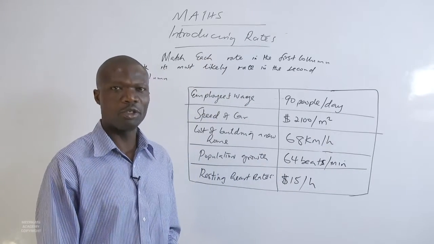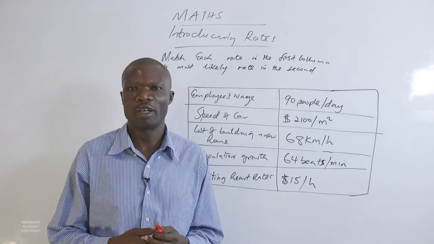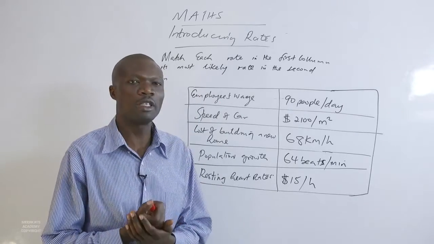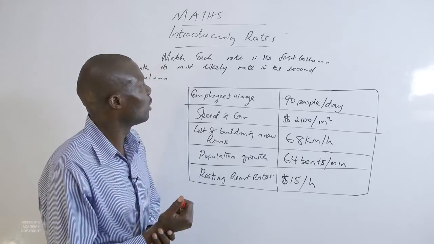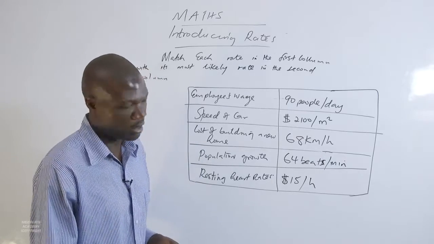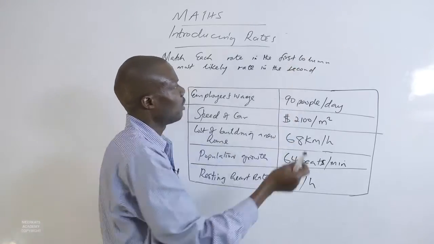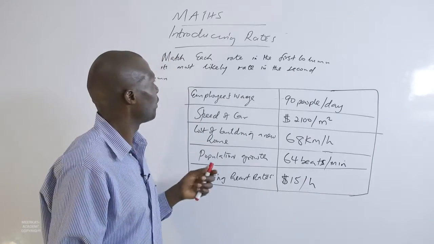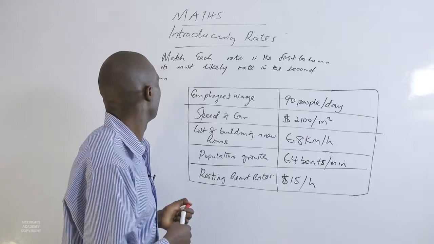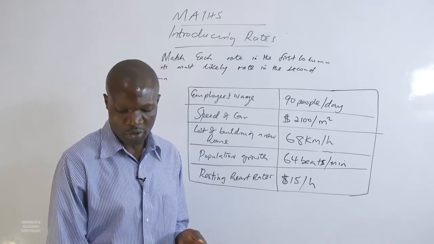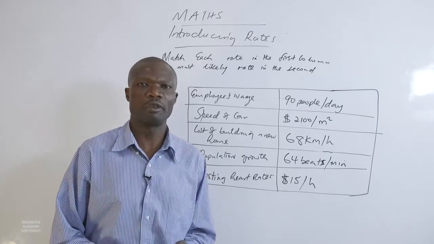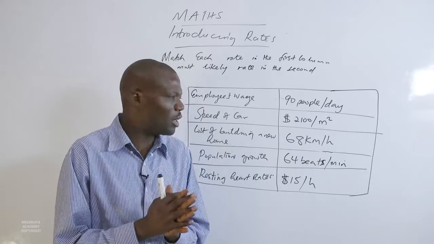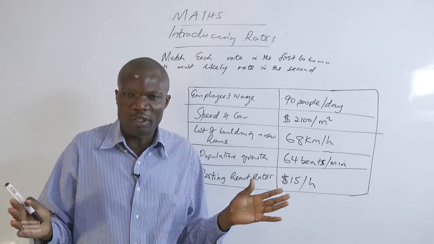Now, I want you to look at this table, and we are asked to match each rate in the first column with its most likely rate in the second column. Before we look at these several situations, I want you to understand that not all the units are applied anyhow.